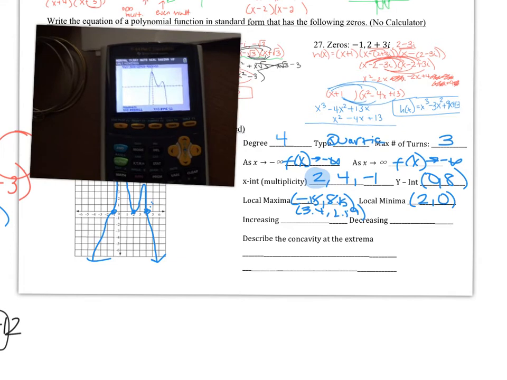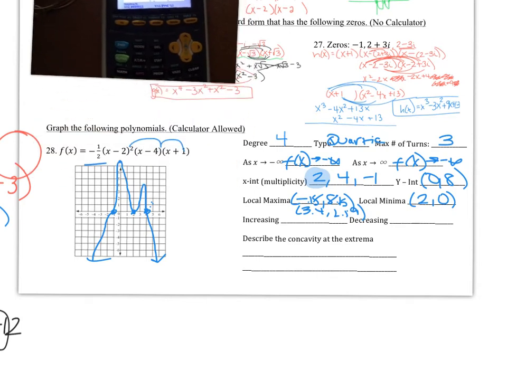So now if I keep going with increasing and decreasing, it's increasing from negative infinity to right here, which is negative 0.18 bracket, union, and it's also increasing from here to here, so that's 2 to 3.4.